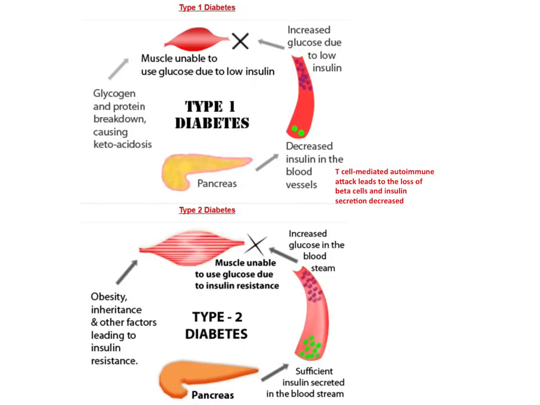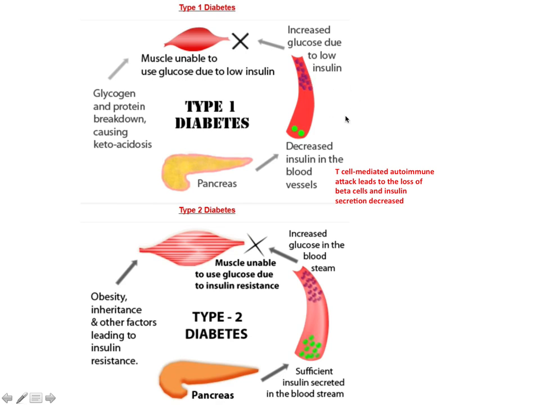Now in this picture you can see the difference between the two diabetes, type 1 and type 2. In type 1 diabetes, the B cells of the pancreas are attacked by the T cells, and finally the B cells get degraded and insulin production decreases.